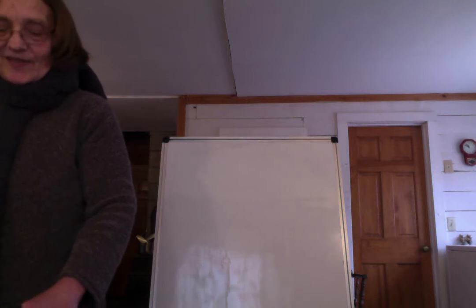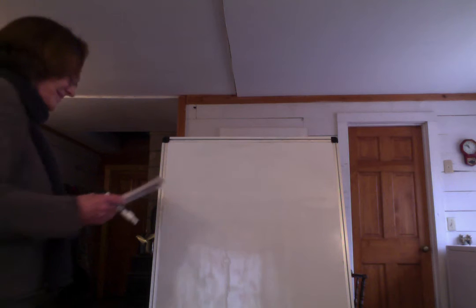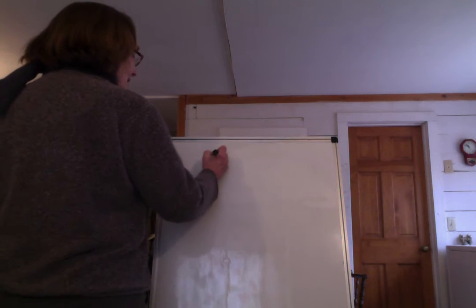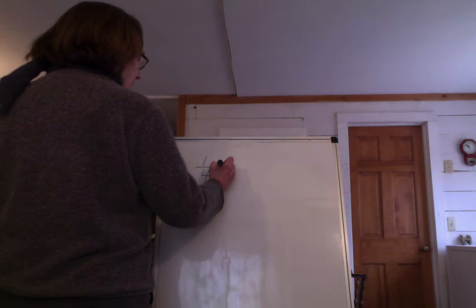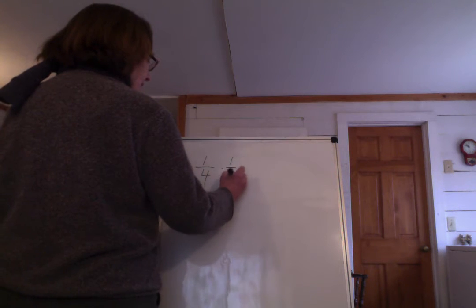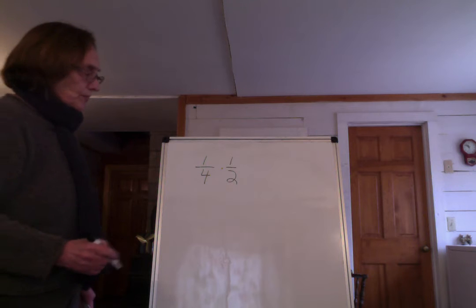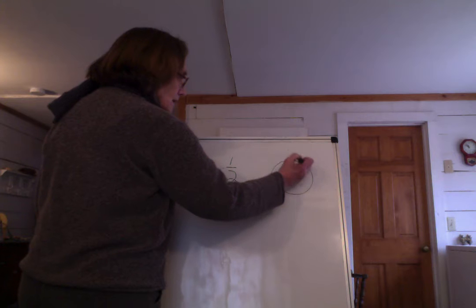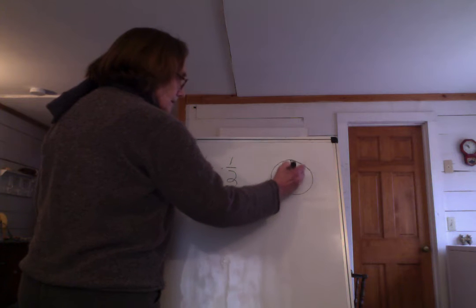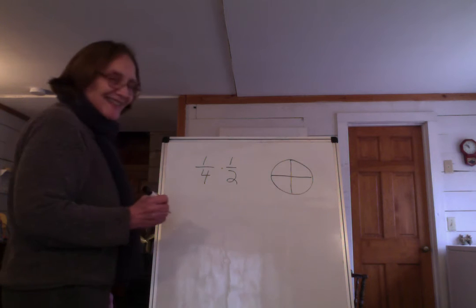I'm also going to talk about multiplying and dividing fractions today. If you have a fraction 1/4 times 1/2, I want you to understand what they're asking you. They're saying there's our pie.